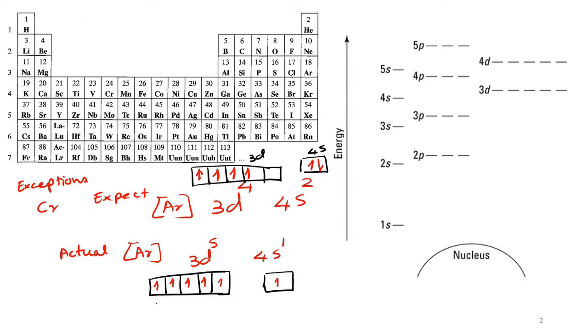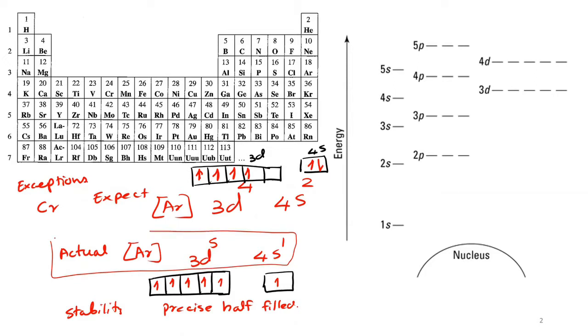So here you see a precise half-filled situation. And these precise half-filled situations are unusually stable. They have some stability. And that is why they go for this kind of a deviation from the Aufbau principle.